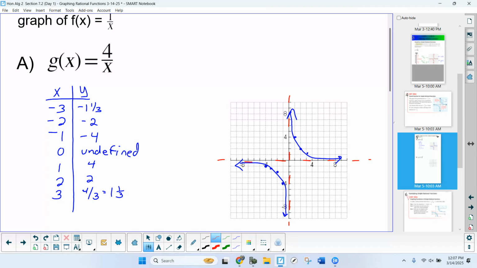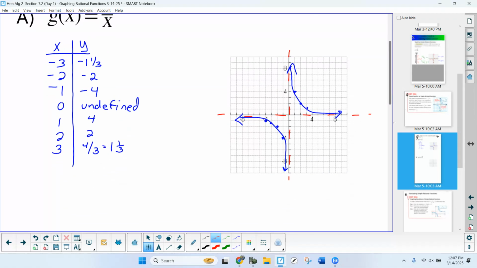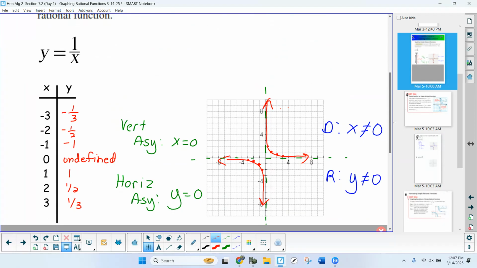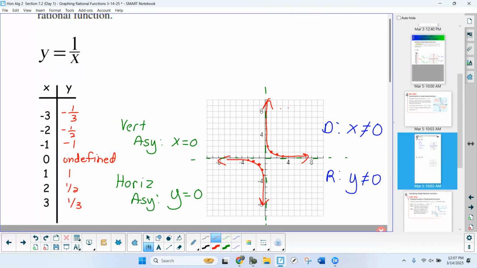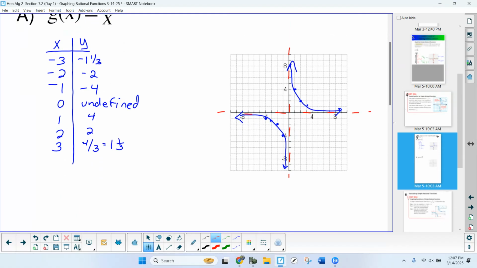So does anybody see how this has changed? Because it says, okay, graph of the function, did that, compare it to the original parent function. So how does this graph differ from this graph? Do you guys see how it's different? Yeah. How is it different? Okay, it is multiplied by 4, but how did it change on the graph?